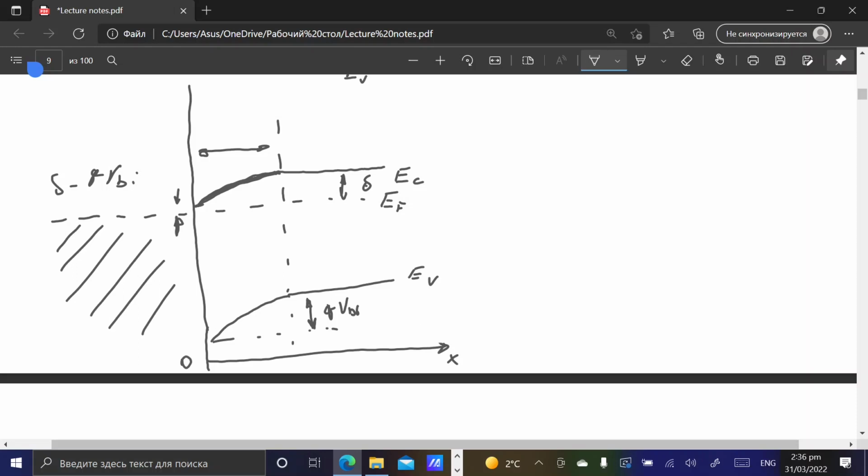So when we change bias polarity in one direction or in the other, it doesn't matter. The resistance is much smaller in any case in comparison to the neutral region, and these changes of the band bending will be negligible.